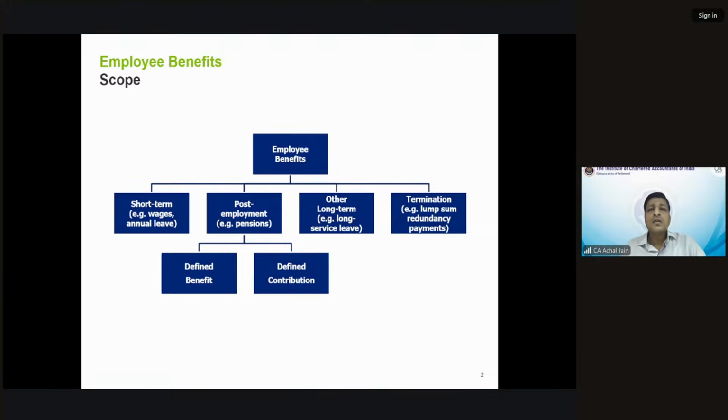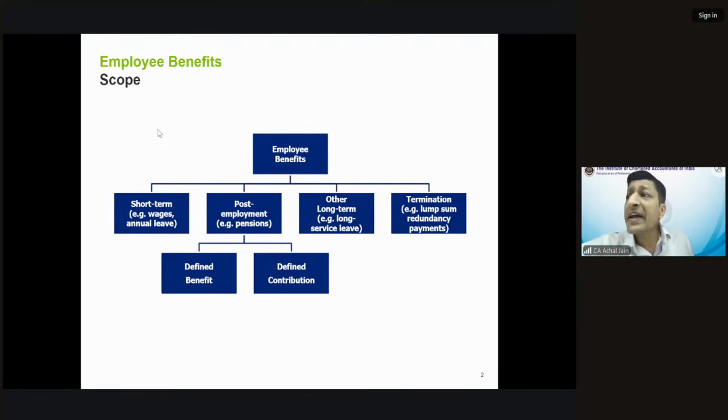Employee benefits could be any benefit. It could be in cash, it could be in kind. Navneet says pension, gratuity, salary, all of these are examples, perquisites. Yes.